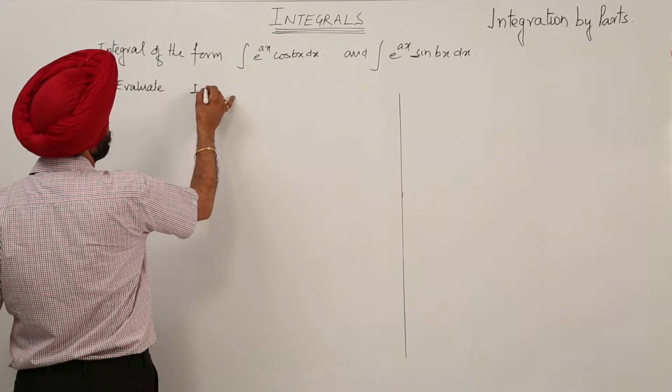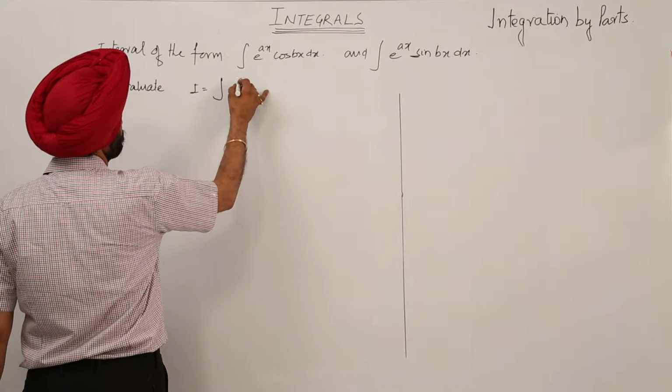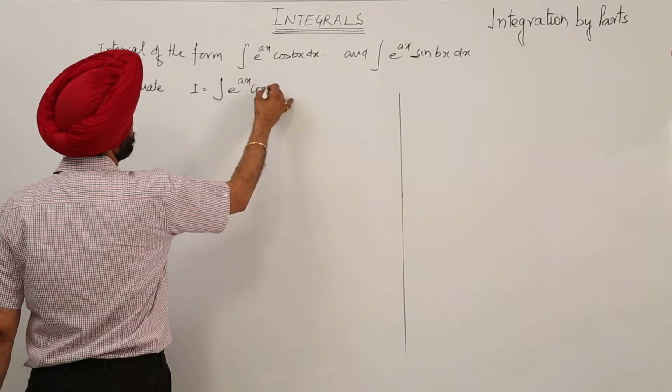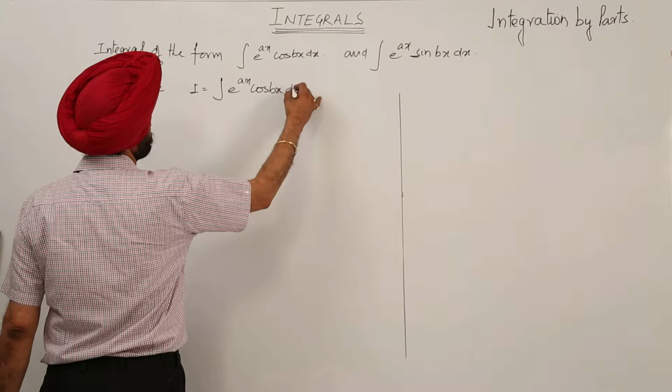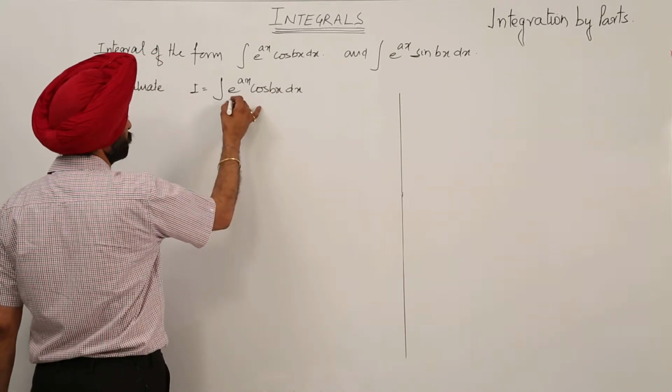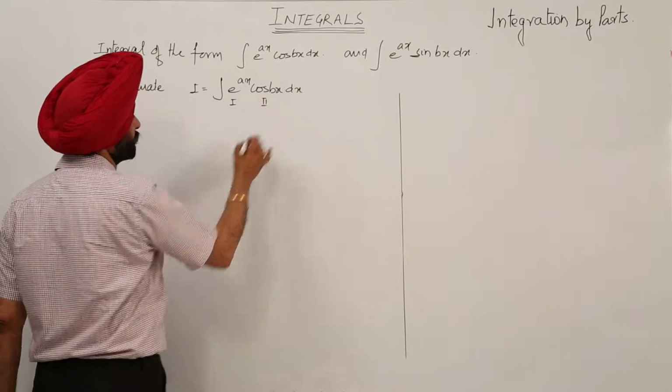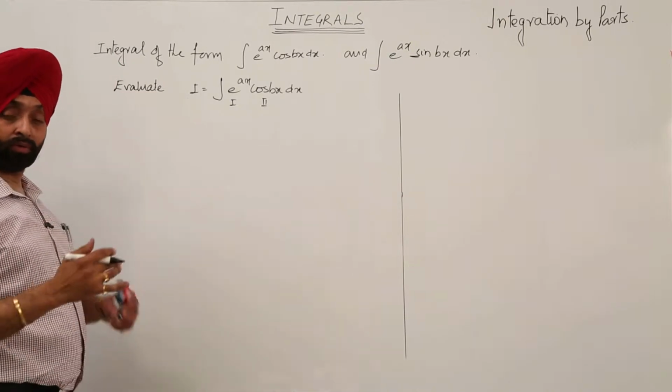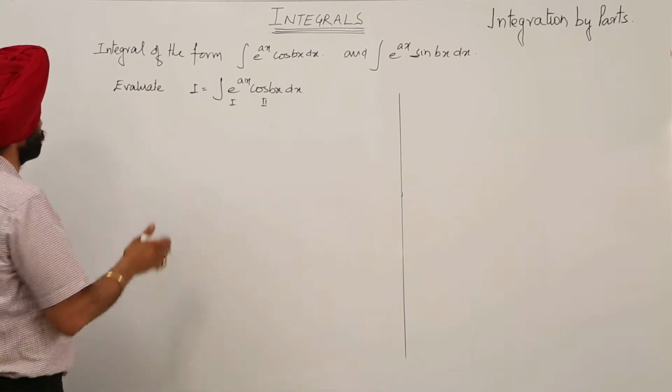Now we are having e raised to power ax cos bx dx. Here we are going to take this as the first and this as the second function. Okay, we are not going with the technique now.